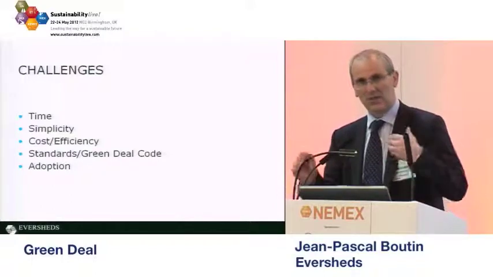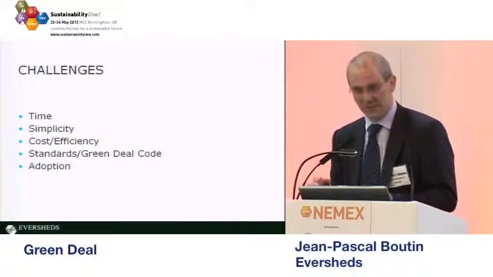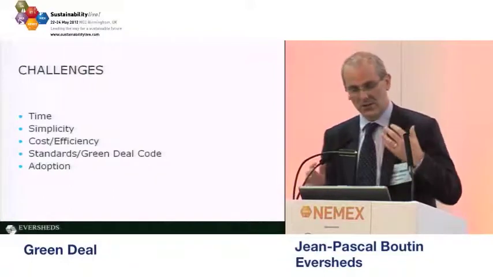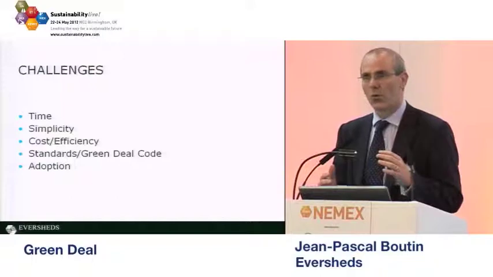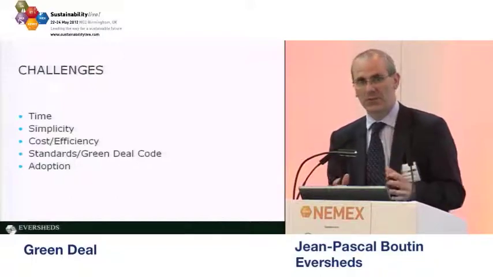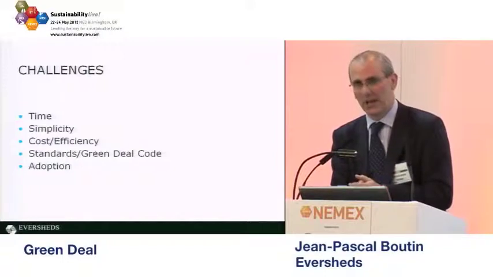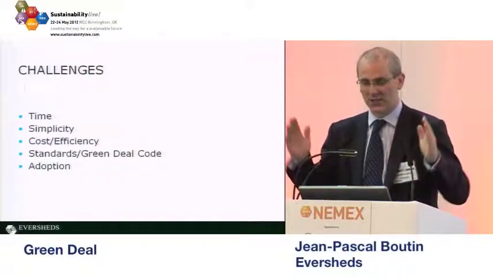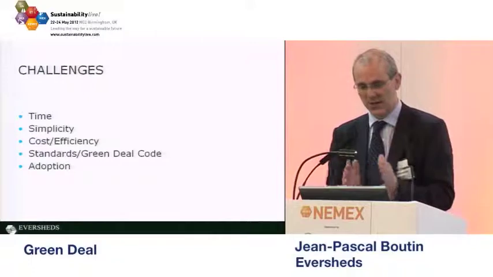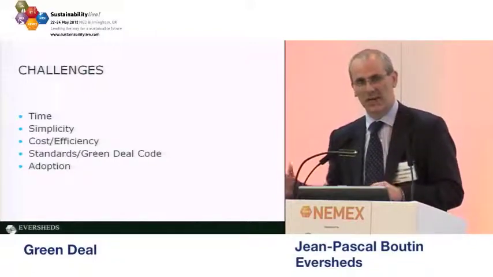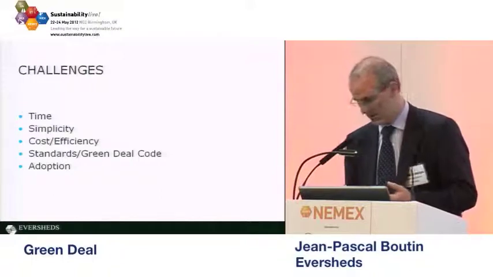There's also the complexity of the Green Deal and the cost efficiency. And there, as you've seen, potentially there'll be 4 or 5 visits to the householder just to get the Green Deal plan in place. So one of the issues is trying to condense all those steps as much as possible, whilst maintaining compliance with the standards and the Green Deal Code.